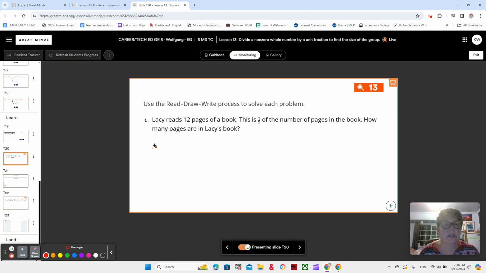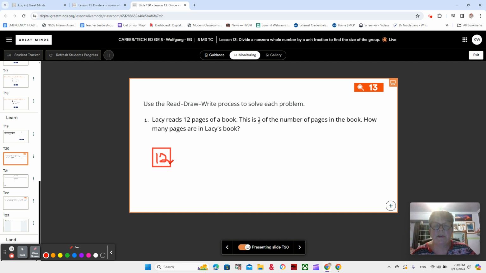Okay, let's start there. Lacey reads 12 pages. So there we have a very small tape diagram that represents 12 pages. Make sure you are writing these things down as we go and stick in with us. Let's look at our next sentence.